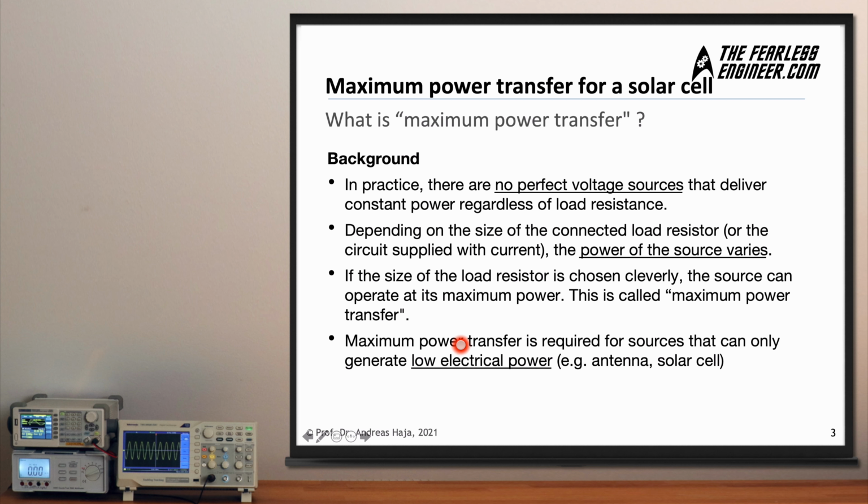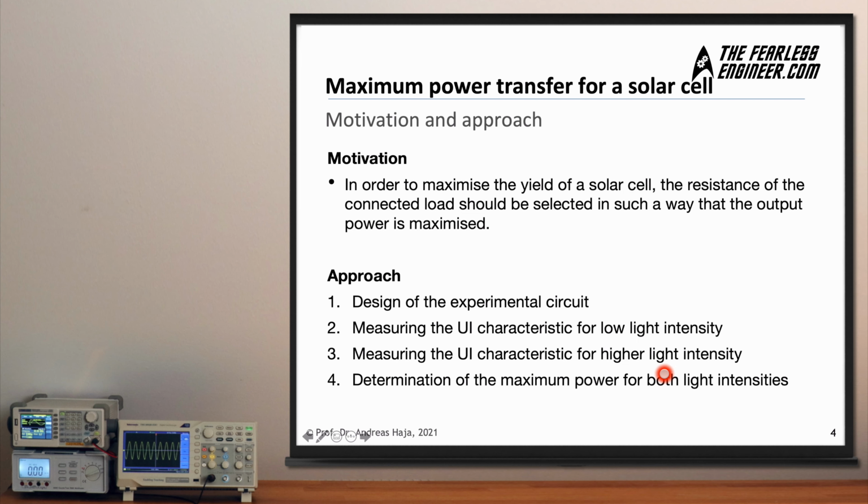So such an antenna must be designed so that the power is maximized, and the same holds true for solar cells, which are used in a way that the connected load resistance is always chosen so that the power output of the cell is maximized, so we don't waste the precious solar energy the cell harvests at a given time.